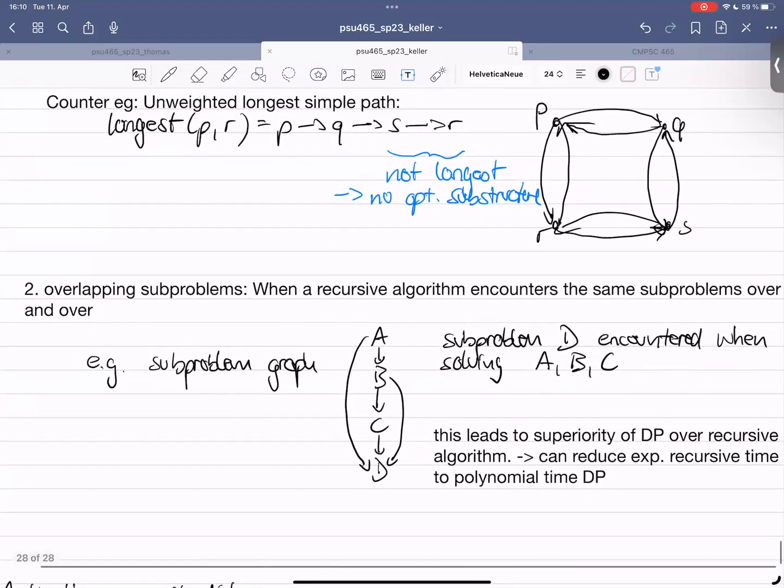Okay, so this is the part I forgot to include in these two ingredients. So these are the two things we need for dynamic programming: optimal substructure, and then these overlapping subproblems, to benefit really from this bottom-up approach compared to some recursive scheme.